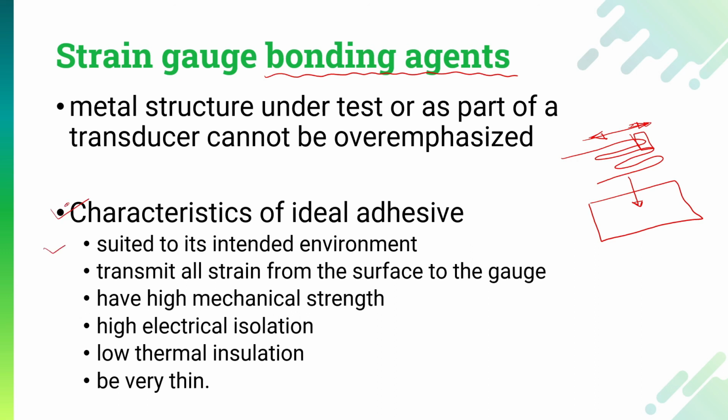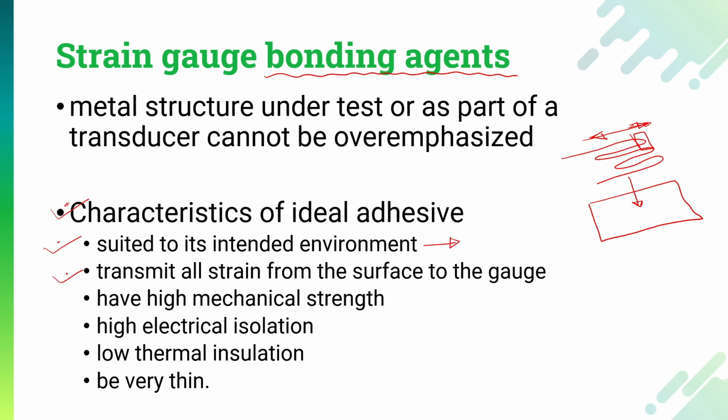The very first characteristic: it should be suited to its intended environment. The strain gauge is normally used at normal temperatures, but whenever it is going to be used in special environments like higher temperature or higher pressure range, the bonding agent should be suitable to that particular environment also.